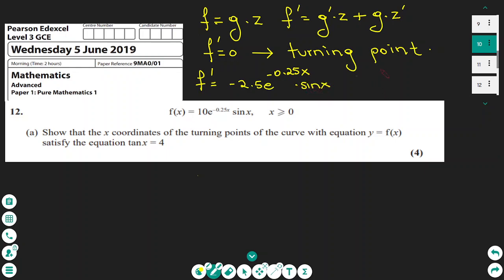And we need to add the function e^(-0.25x) times 10 times the derivative of sin x, which is cos x. So we add 10e^(-0.25x) cos x. Turning points are where the derivative is equal to 0, so we make this equation equal to 0.